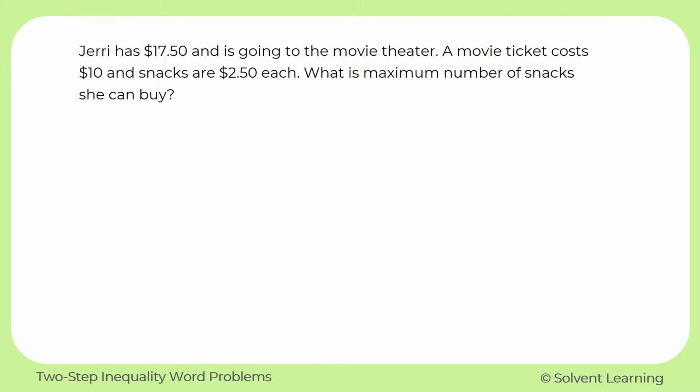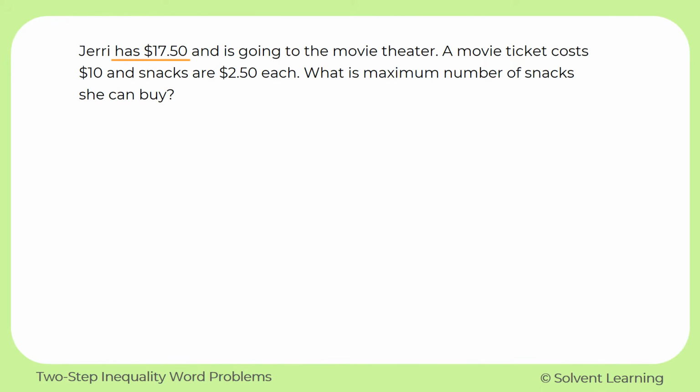So looking at the first sentence, it says Jerry has $17.50. That means that's the most she can spend. So all of the money for the ticket and the snacks has to be less than or equal to $17.50. She just can't go over that amount.